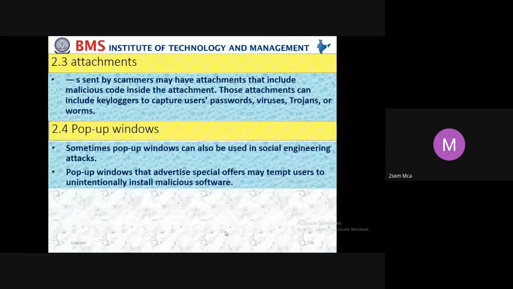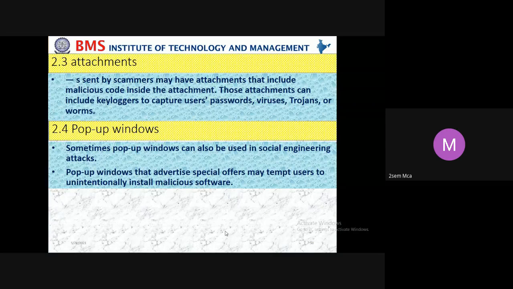The attachment, as I said, is sent by scammers and may include malicious code inside. Those attachments can include keyloggers to capture users' passwords, viruses, trojans, or worms. Usually the attachments are harmful and use coding like keylogging, whatever you type onto the keyboard, they are going to capture.